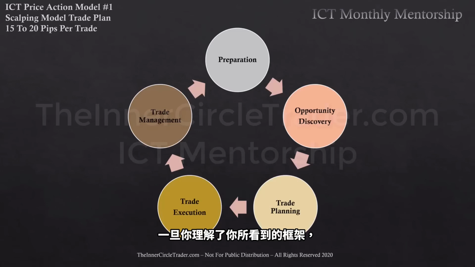Then once you understand the framework that you're looking at, you are going to trade your plan. Okay, so we go into trade planning. And then the next stage is obviously once you have your opportunity and you've prepared and you've planned the trade framework, then you want to execute on the trade.